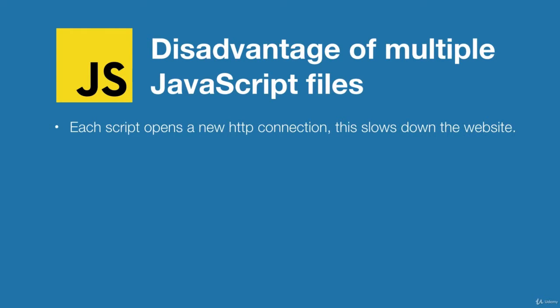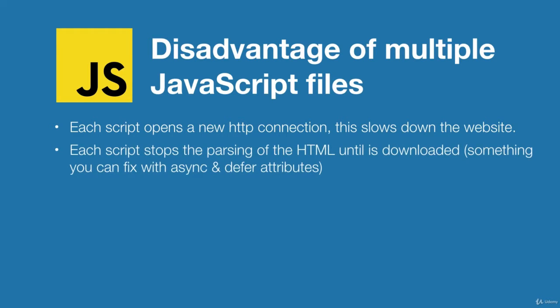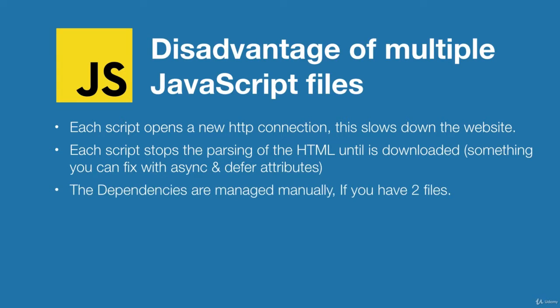Each script opens a new HTTP connection, and this is going to slow down the website. Each script stops the parsing of the HTML until it's downloaded. This is something that you can fix with async and defer attributes.